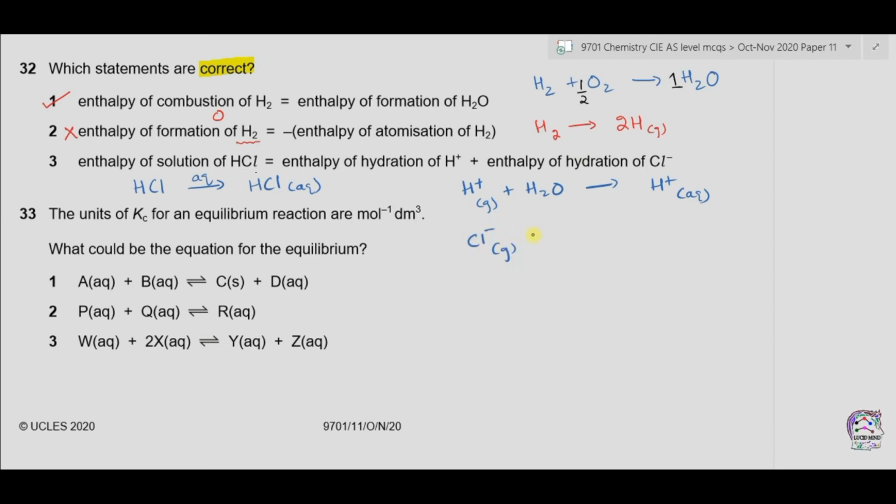Again it is in gaseous state and hydration makes it aqueous. Now as H plus and Cl negative gases are in atomic form while HCl is in molecular form, the enthalpy of solution of HCl is not equal to the enthalpy of hydration of H plus and enthalpy of hydration of Cl negative. 3 is therefore incorrect. The only correct option is 1, so therefore the answer is D.